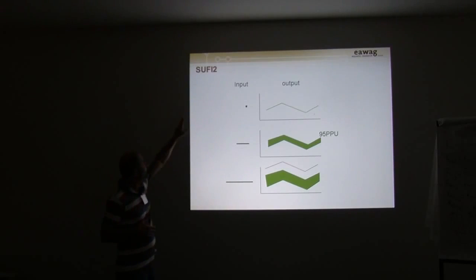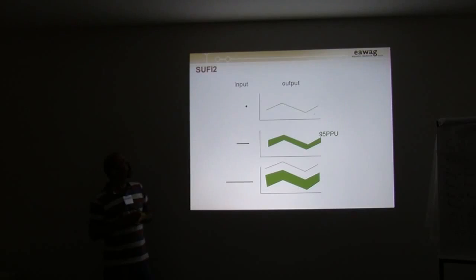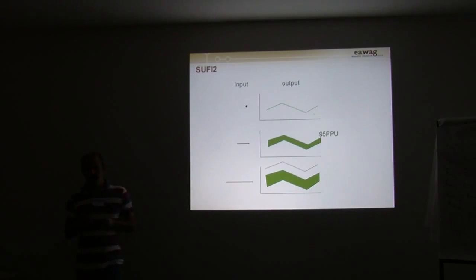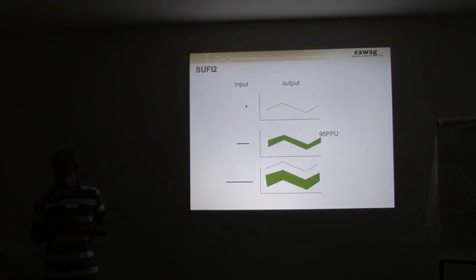Now I'll tell you a little bit about the SUFI tool. It's a program that we developed initially. SUFI 1 was for smaller scale models and small hydrologic models, but then came SWAT, and you really needed a different philosophy for handling all these parameters.